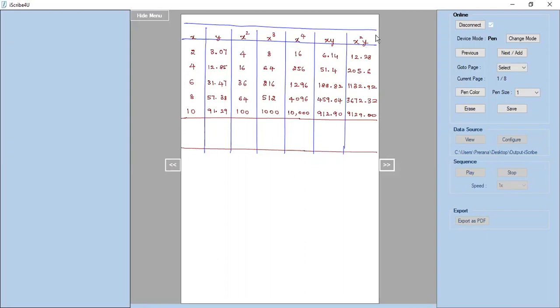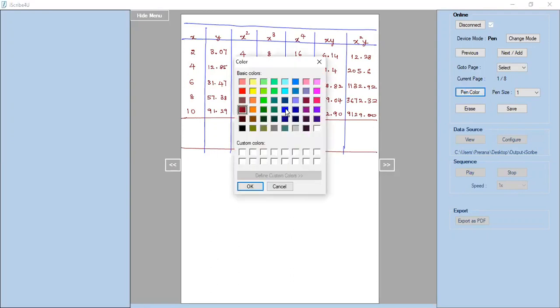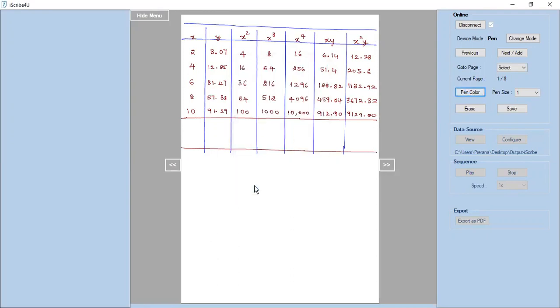We'll just sum up and write down the summations now for each particular column. So sum of all x values will give us 30. Sum of all y values is giving us 196.06. Then we have summation x square. Summation x square is giving us 220. Summation x cube is 1800. Summation x power 4 is 15,664.